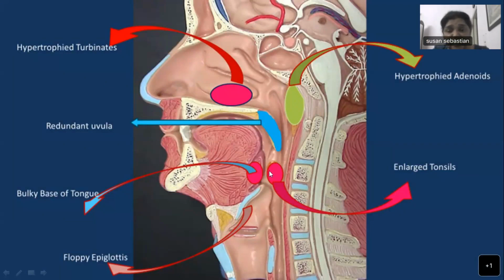It can be a hypertrophied tonsil which is obstructing the oropharyngeal airway, or a hypertrophied bulky base of the tongue which is falling back and obstructing the airway, or it can be a floppy epiglottis which is occluding the laryngeal airway. So anywhere between the anterior nasal opening and the laryngeal inlet, if there is an obstruction, it can result in obstructive sleep apnea.